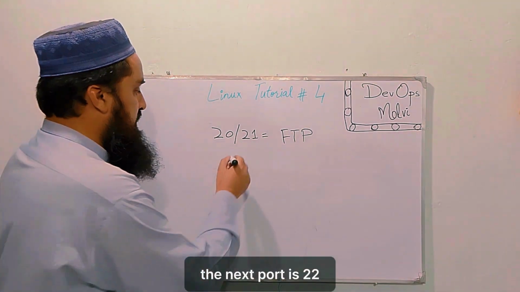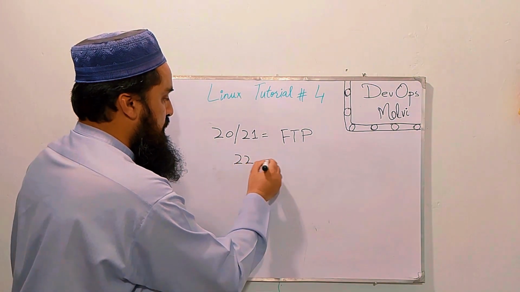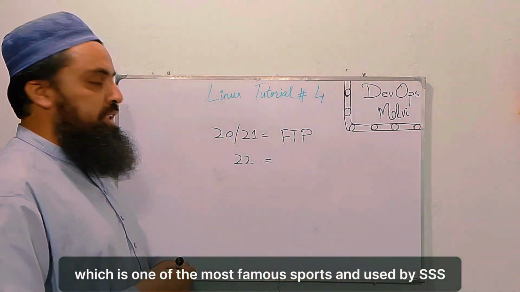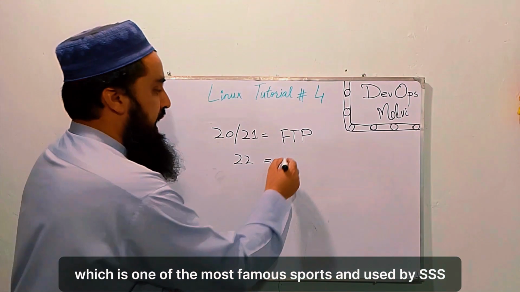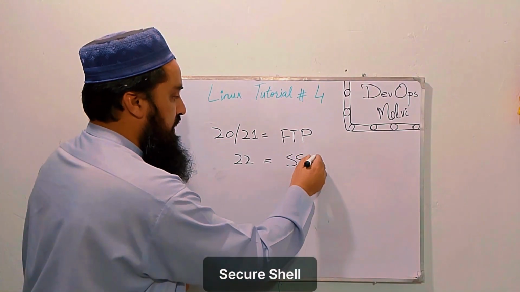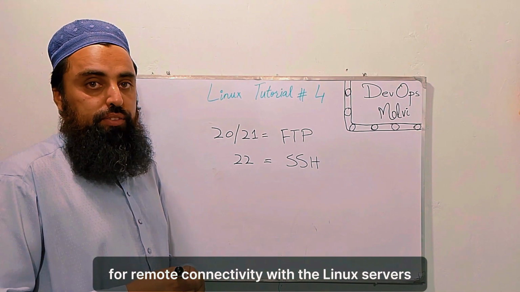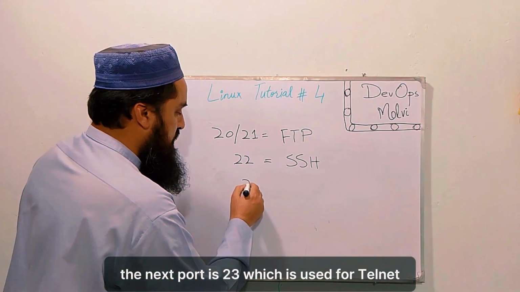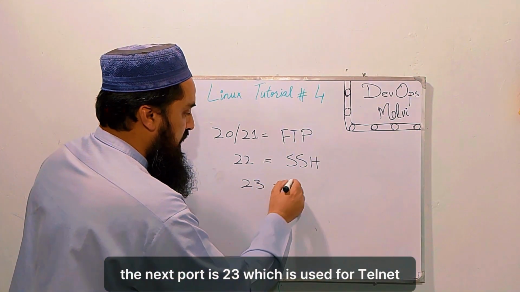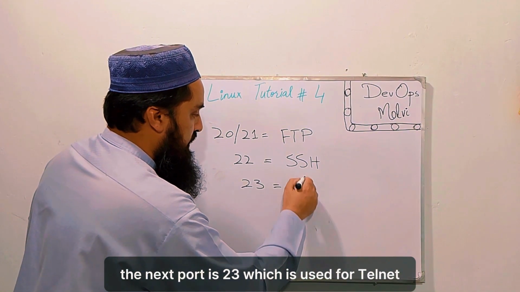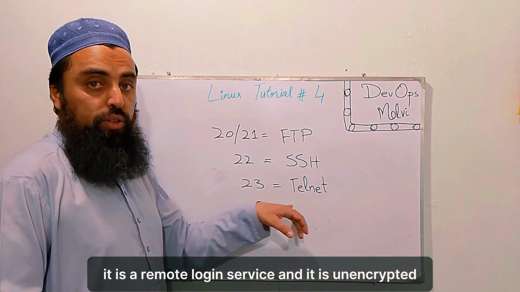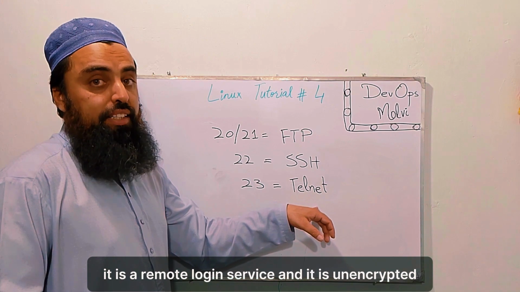The next port is 22, which is one of the most famous ports and is used by SSH, Secure Shell, for remote connectivity with Linux servers. The next port is 23, which is used for Telnet. It is a remote login service and it is unencrypted.